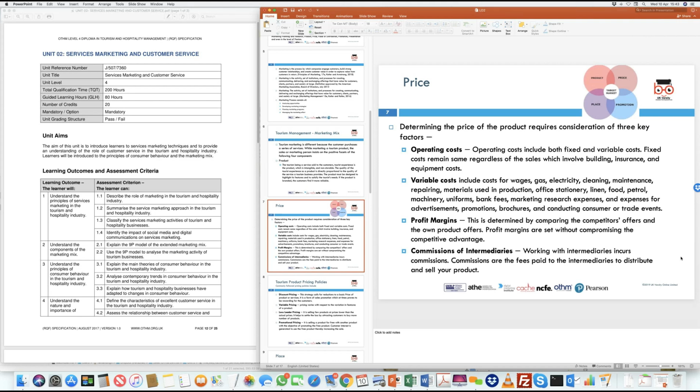Depending on what type of services you provide, these have a direct impact on the profitability of the airline. So here, the key factors are operating costs, variable costs, costs basically, your profit margins, and your commission to intermediaries.